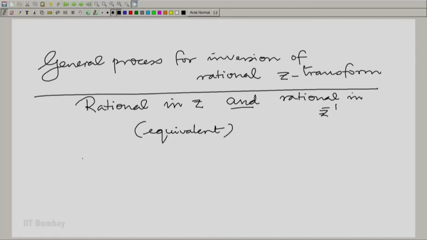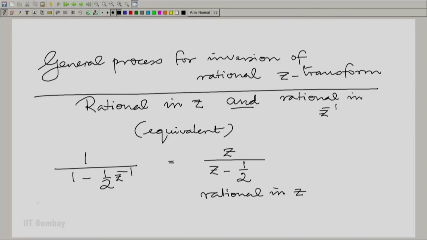So, for example, you could think of 1 by 1 minus half Z inverse also, by multiplying both numerator and denominator by Z, as Z by Z minus half. So, it is rational in Z and also rational in Z inverse. They are equivalent. Now, what we can do is to take one of them with which we are more comfortable. So, let us take the rational in Z inverse interpretation.